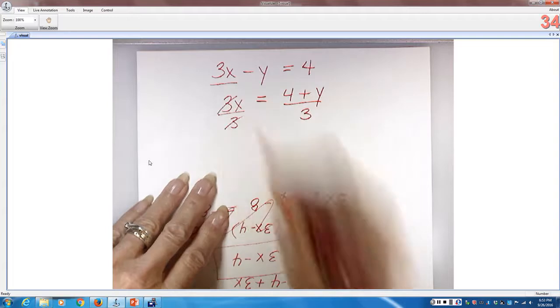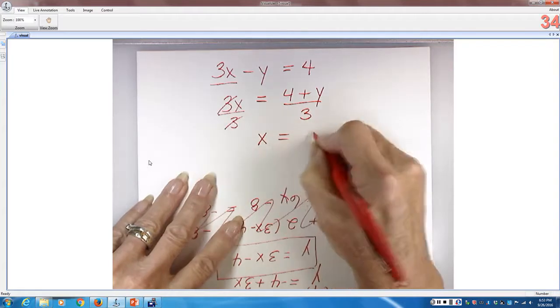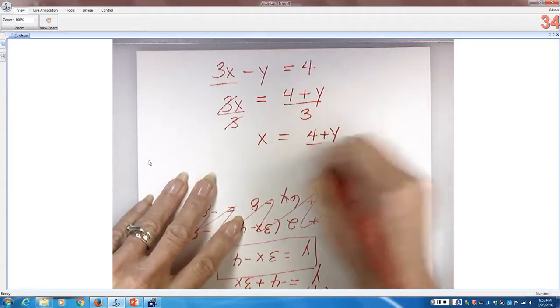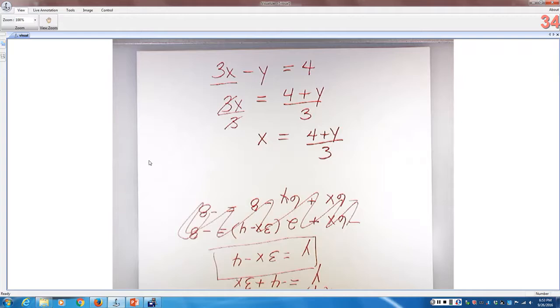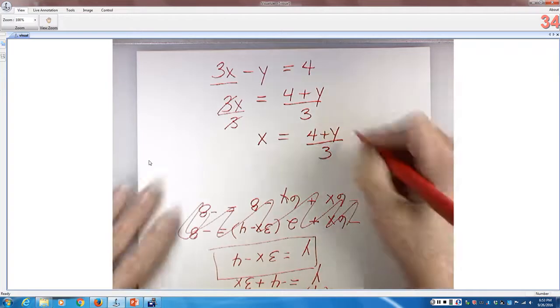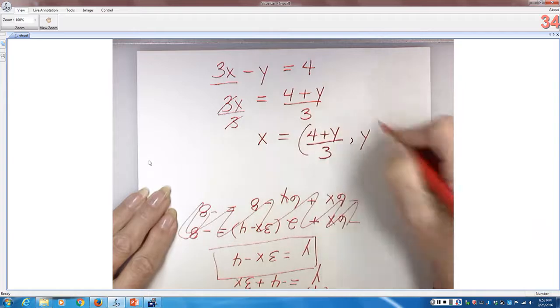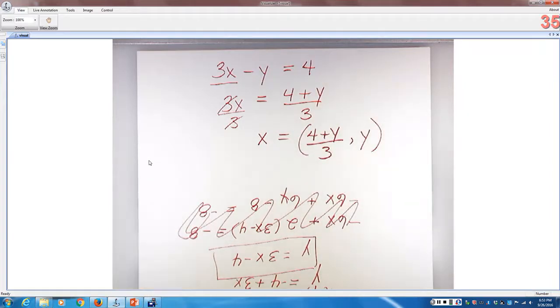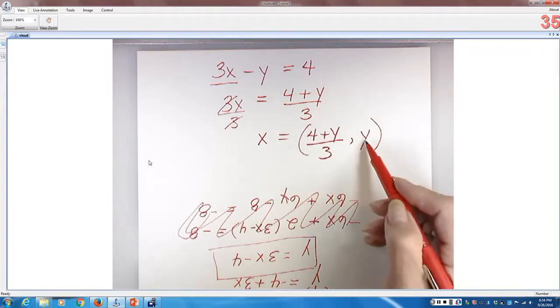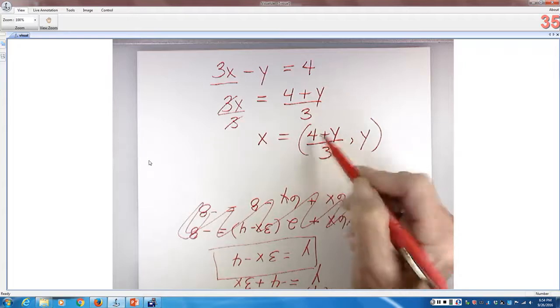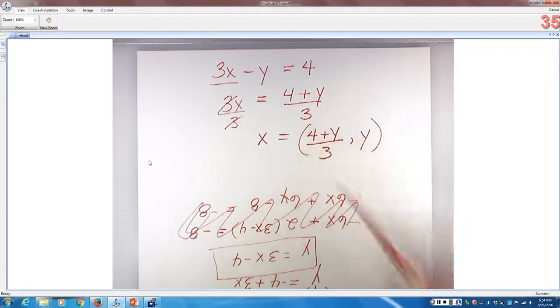The 3 in front of the x cancels, so x equals 4 plus y divided by 3. Since that's only one variable, the other variable is going to be y. So that's what your solution would look like. Whatever value you choose for y, you would plug it into this to find an x value that worked for it. I should have been able to do it with the x's, or with the y, but somehow my brain didn't work.